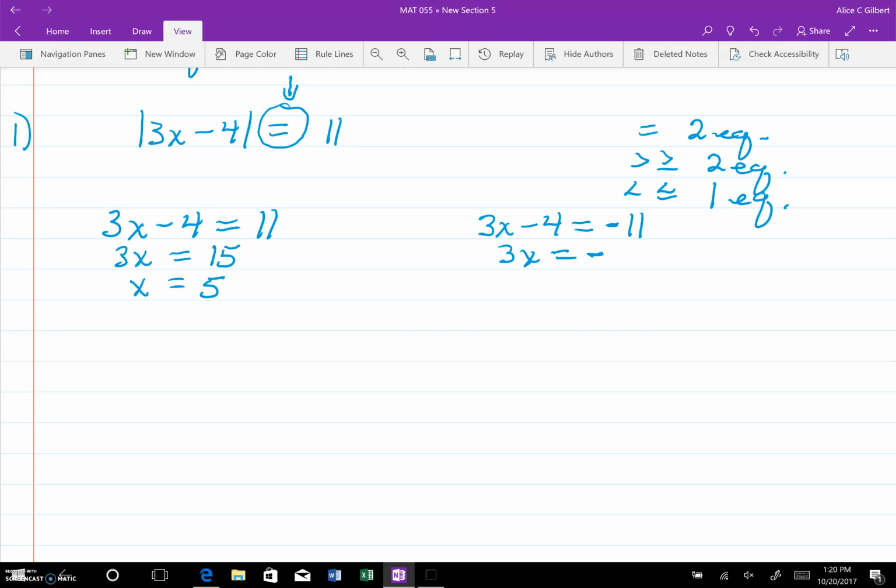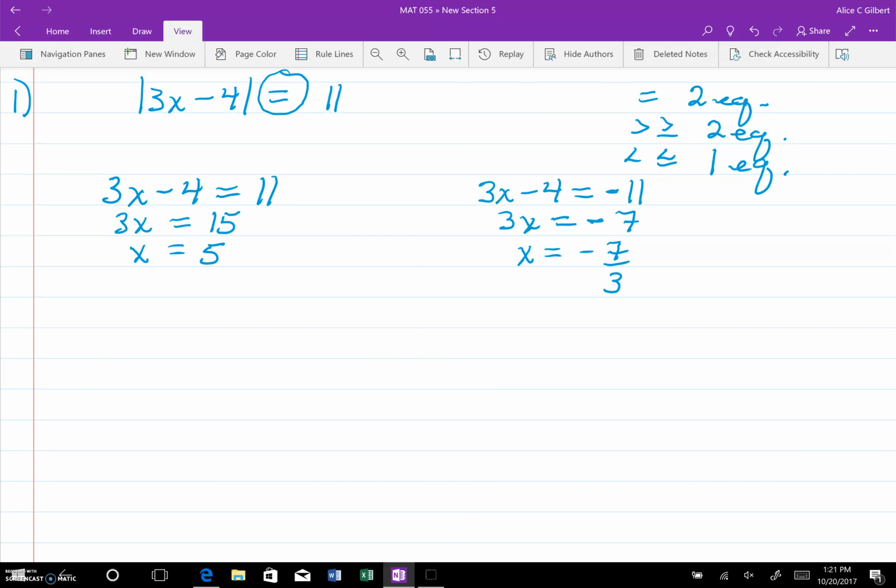And then I divide both sides by 3, and I get negative 7/3. So my answer is x equals negative 7/3 or 5. There's no interval notation here because it's just one number or the other. It's not a range of numbers.